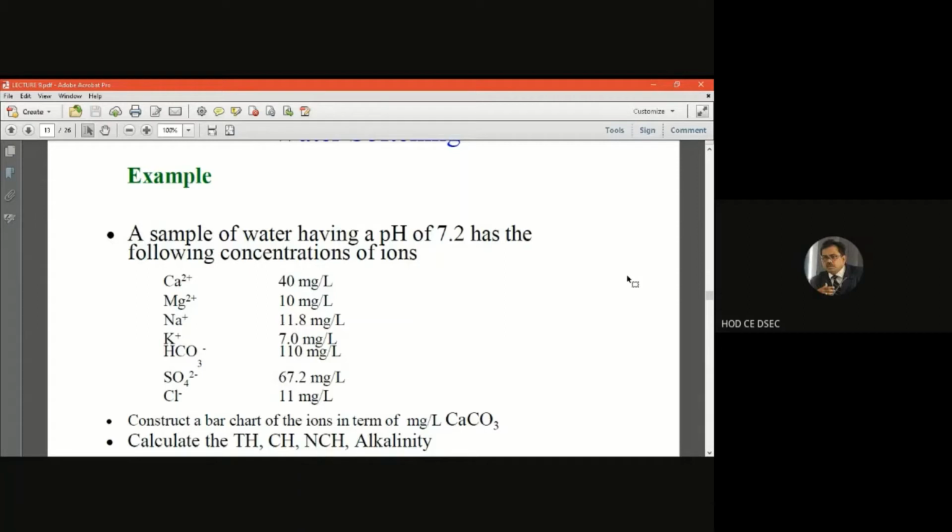Likewise potassium, bicarbonate, sulfate, chloride, all these cations and anions are given in mixed condition in the water sample with a given pH of 7.2.